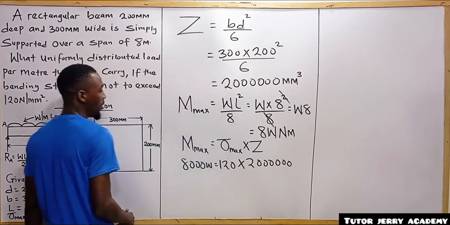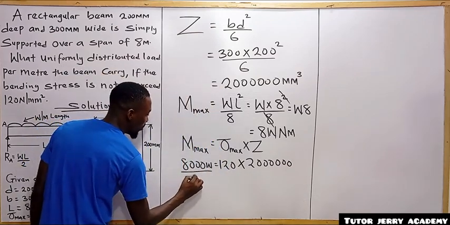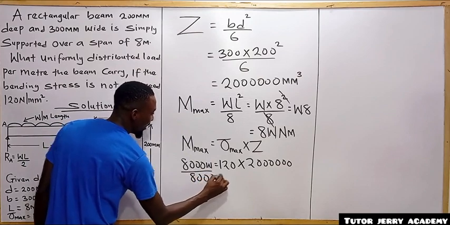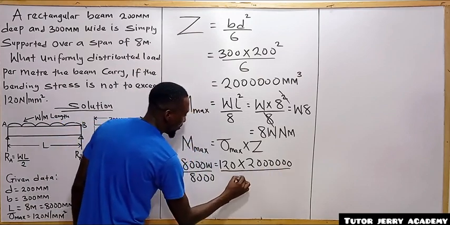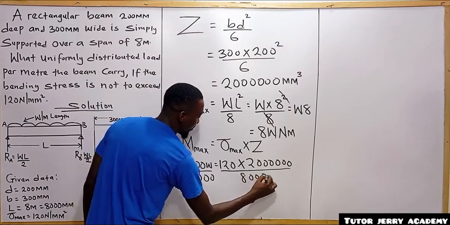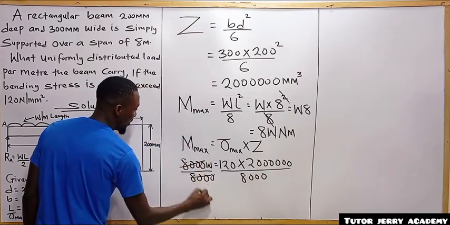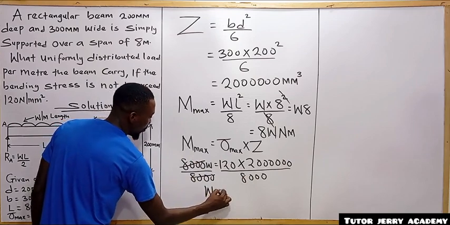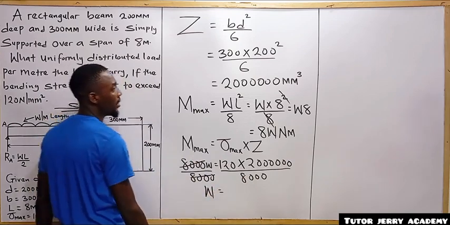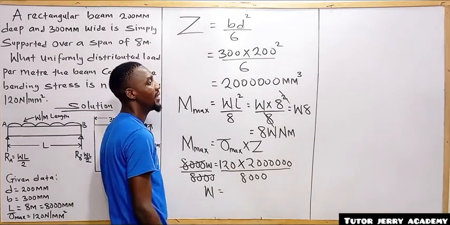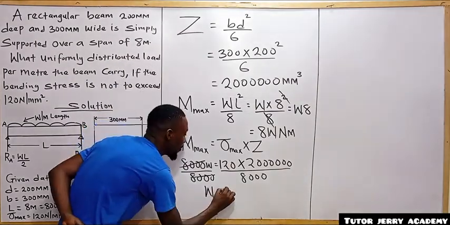For us to get W, we are going to divide both sides by 8000. So our W is going to be equal to 30,000.